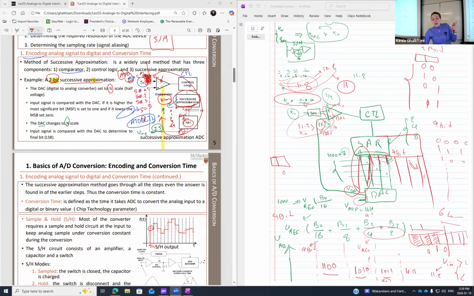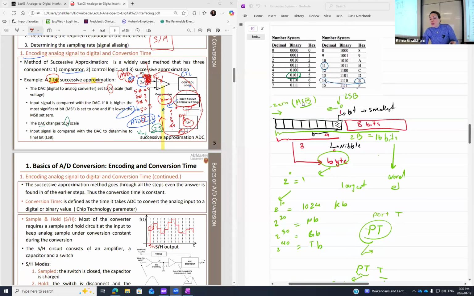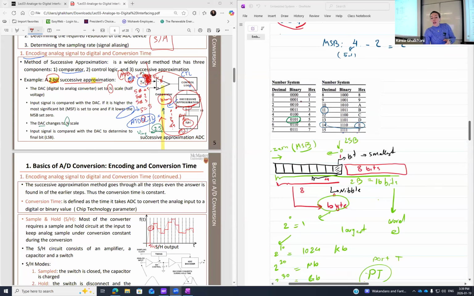Again, I'm going to show the table. Do we have any decimal point in here? We don't. Whether I look at hex or at decimal, none of them comes with a decimal point. In decimal, I have up to 7, then 8 and 9, and then even 10, 11, 12, 13, 14, 15. I do not have 11.2 in here, right?